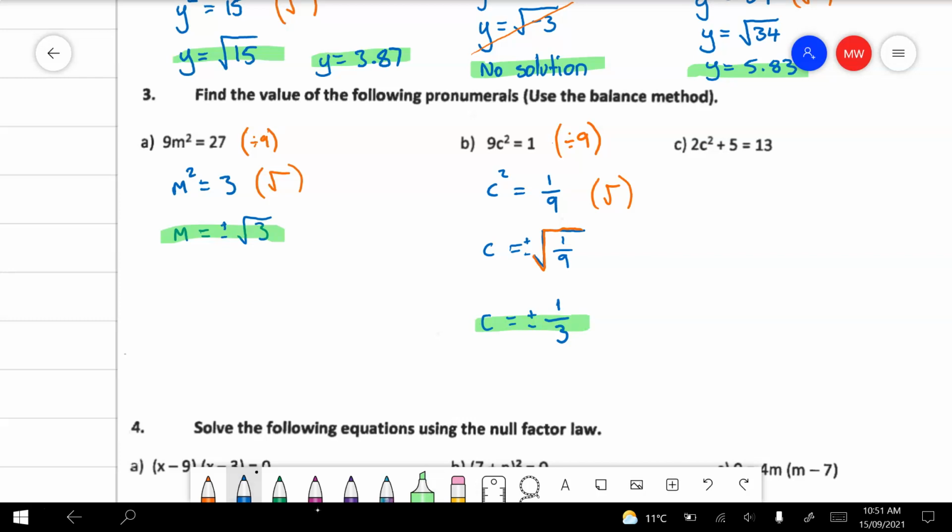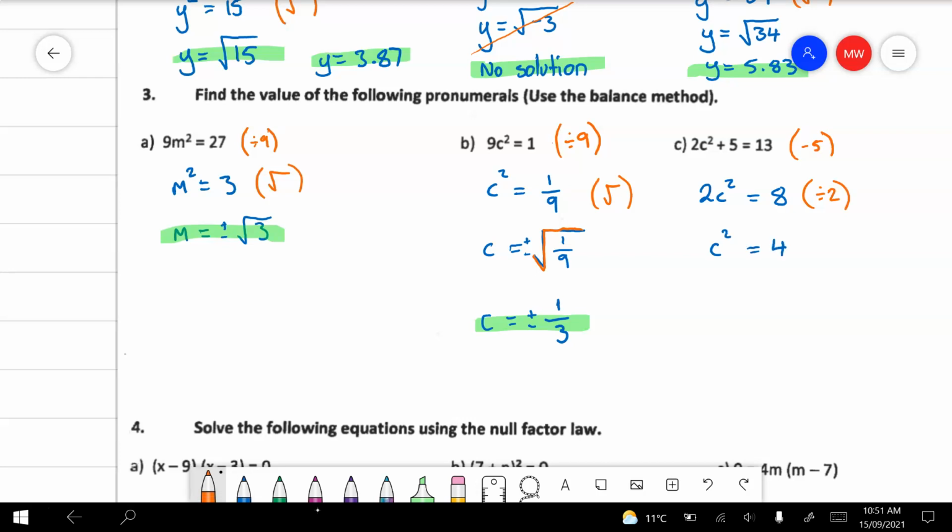And the last one. Let's get rid of the 5 first. It says add 5, so I'm going to minus 5 from both sides. That leaves me with 2c squared, and on this side, I'll be left with 8. Next, I'm going to get rid of that 2. It says to times, so I'm going to divide both sides by 2. I'll have c squared left, and over here I'll have 4.